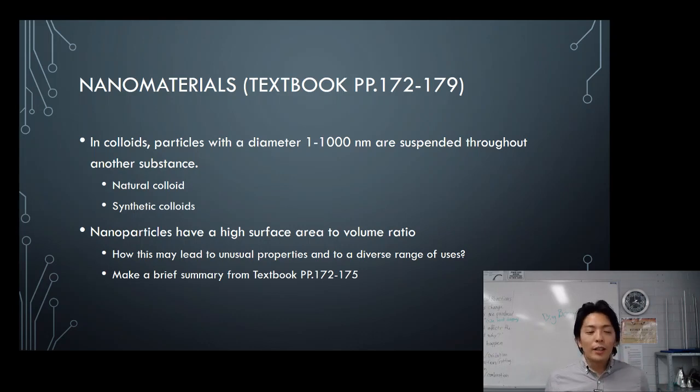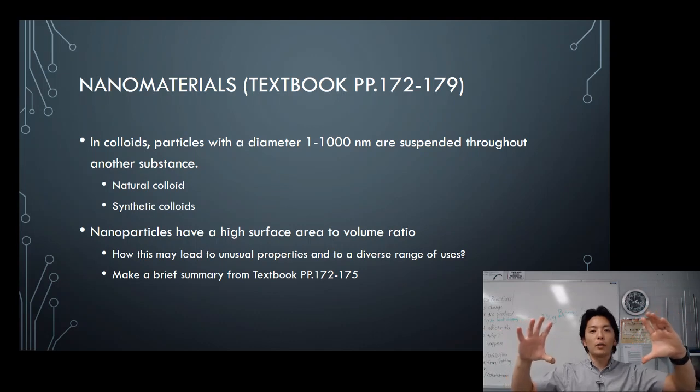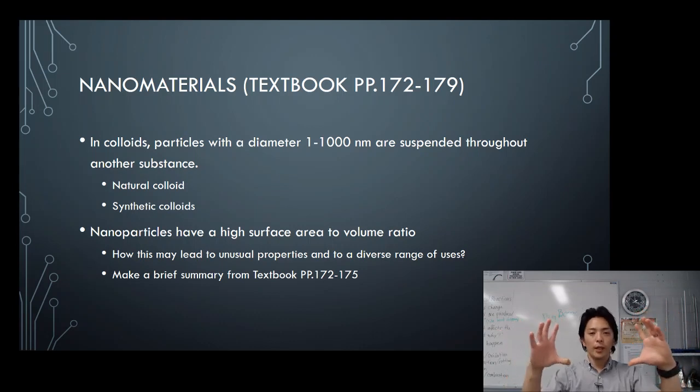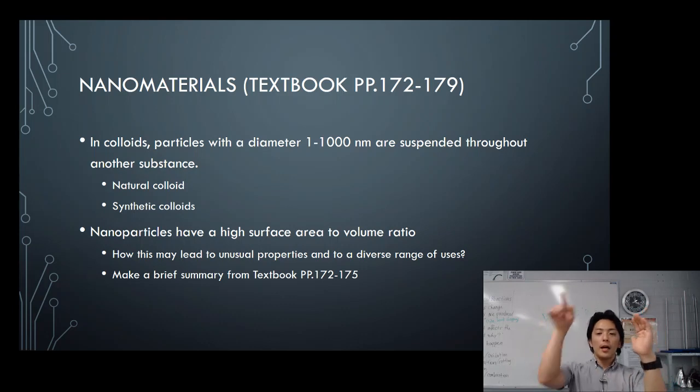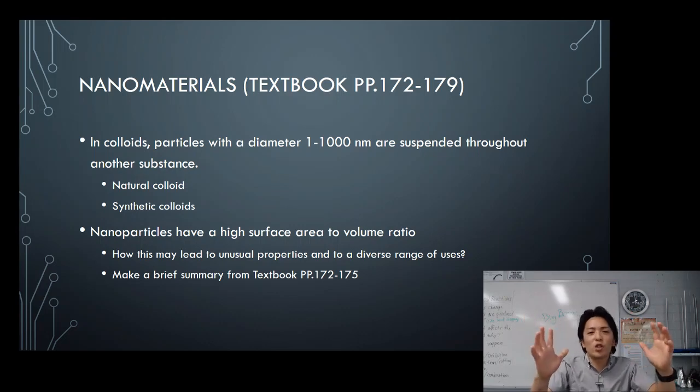Nanoparticles, second point, have a high surface area to volume ratio. Imagine a basketball as one particle. It has a surface, but only the outside layer is available for, say, reaction, and it has certain properties.